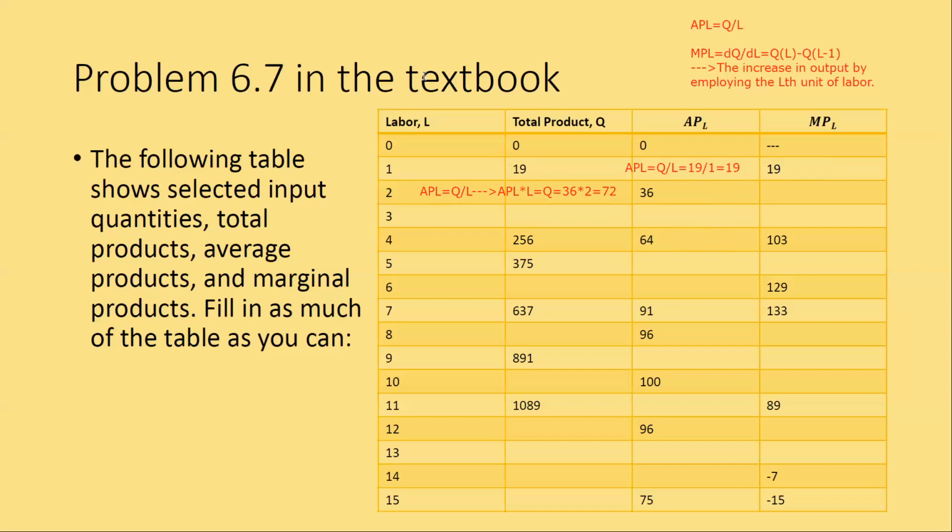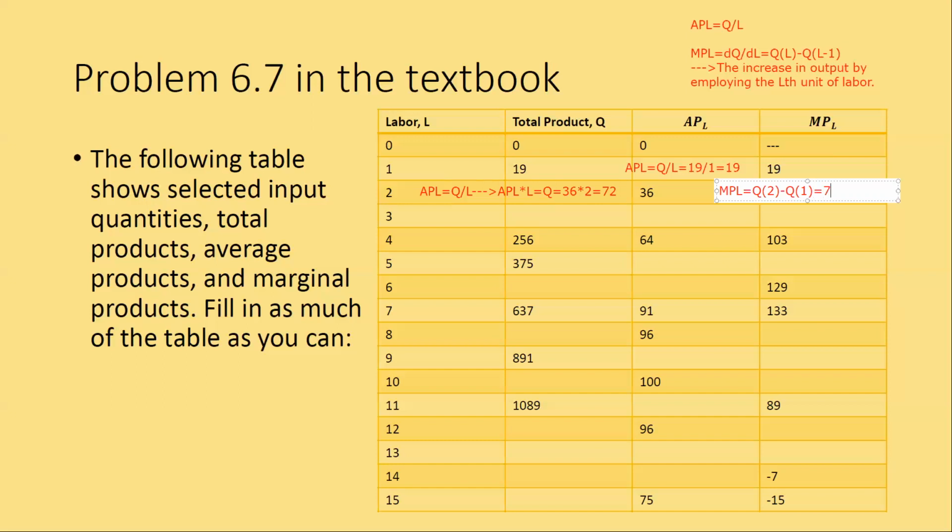We can then fill in the cell in the last column of the fourth row. We are going to use the second formula, MPL. The marginal product of the second unit of labor is the difference between the total output by employing 2 units of labor and the total output by employing 1 unit of labor.